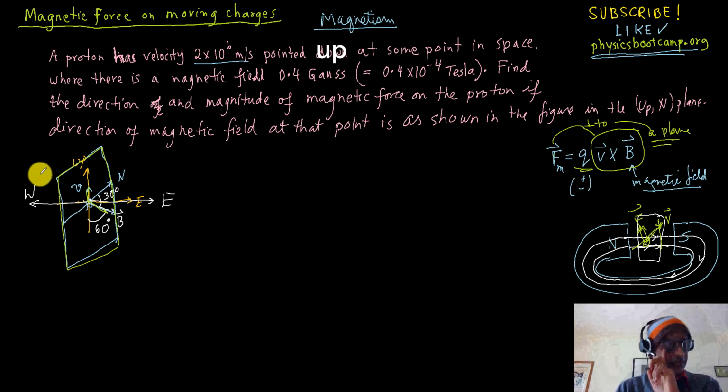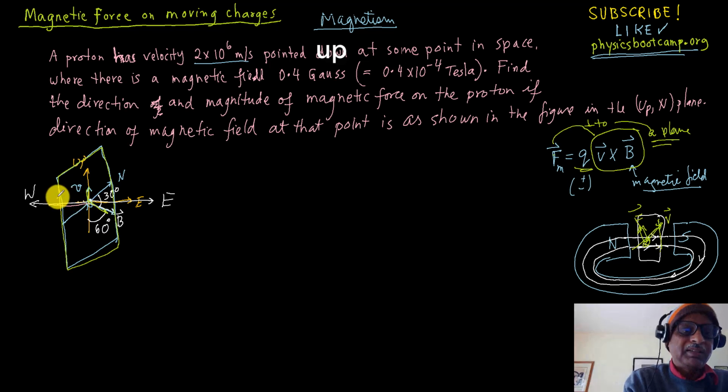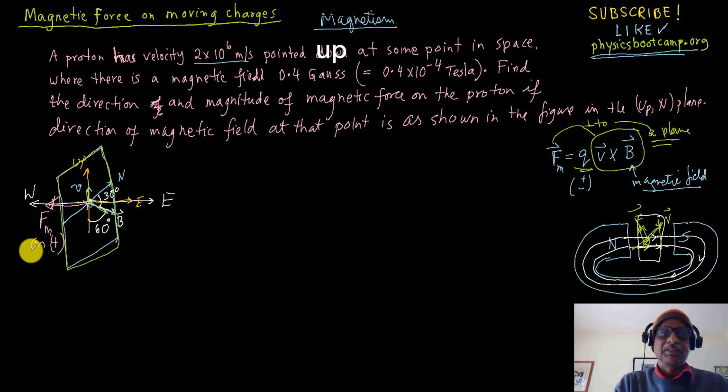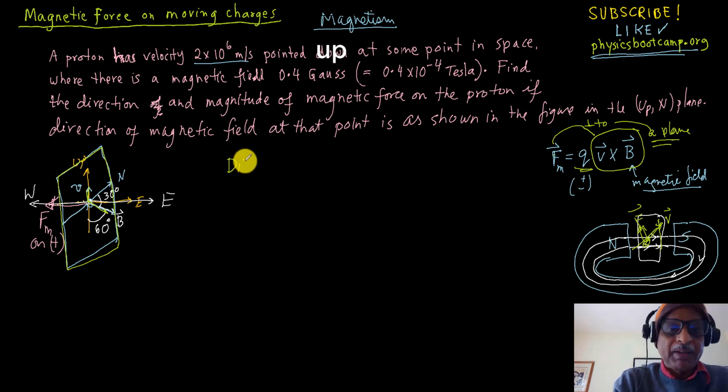Those are the two directions to pick from. Using the right hand rule, we see this is the direction for the force on a positive charge. If the charge was negative, I take the right hand rule and flip it. So we know the direction here, so the answer will be towards west.